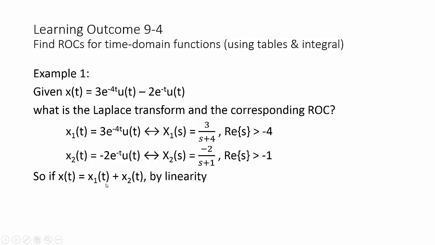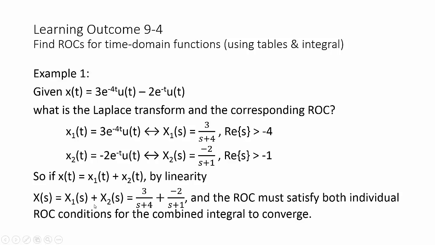So by linearity, if we add our two signals in time, our transform will be the sum of the two transforms. Now you also need to consider what the region of convergence will be. It must hold that both of these are true, because the analysis integral has to converge for both parts of this. Therefore, we need to combine these two regions of convergence.